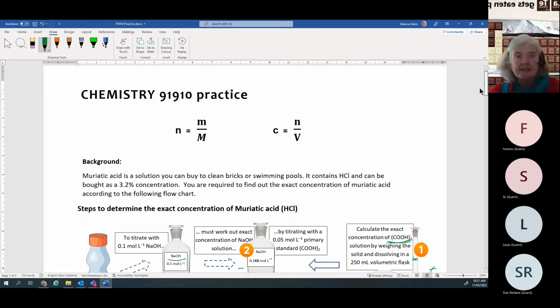And so n is equal to small m over big M. So 1.60 grams divided by 126.0 grams per mole.